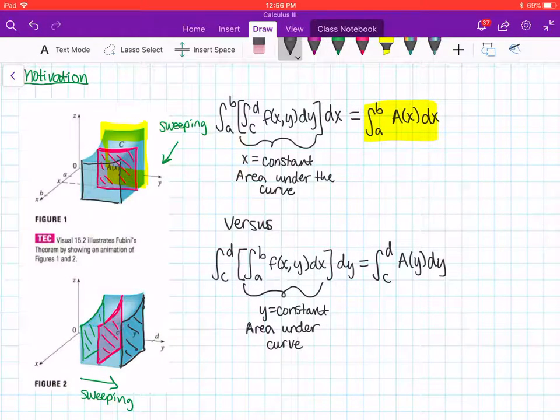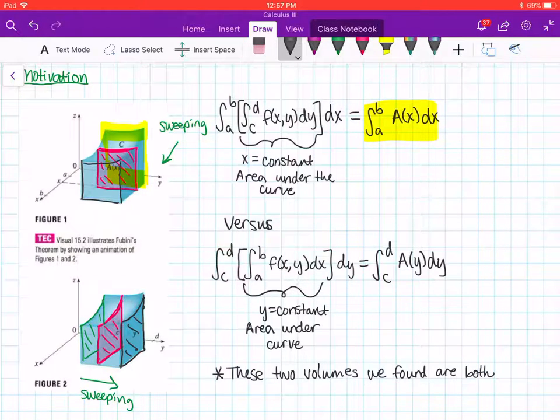Okay, to finish it up, you see that no matter which way we add these things up, we're going to get the same volume. And that is the motivation for Fubini's theorem.